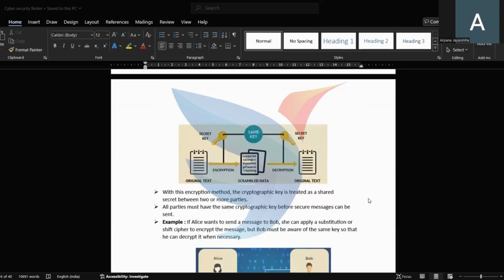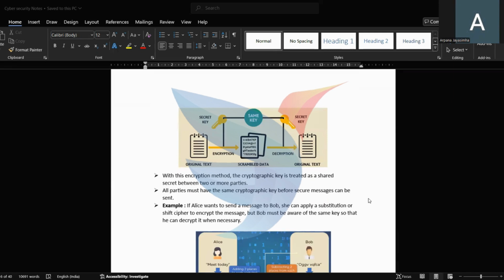With this method, the cryptographic key is treated as a shared secret between two or more parties. All parties must have the same cryptographic key before securing the message which is sent.